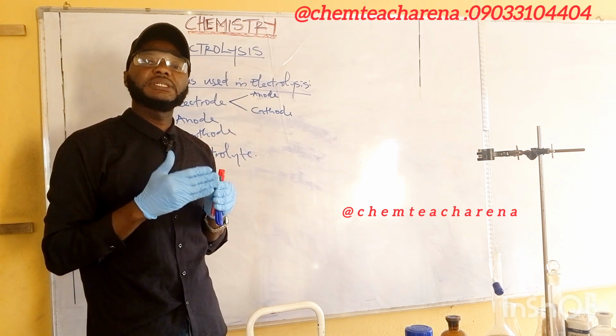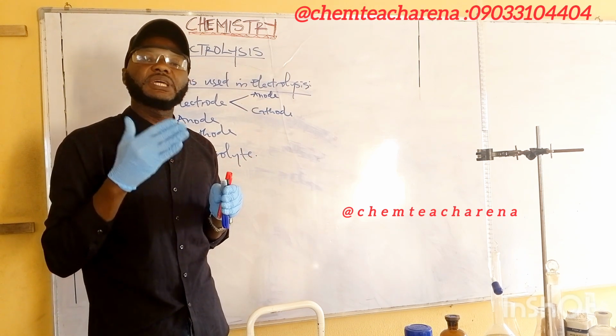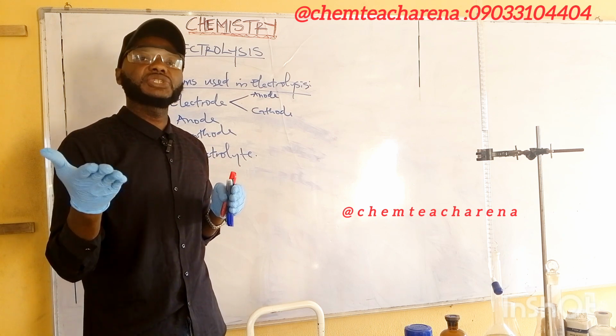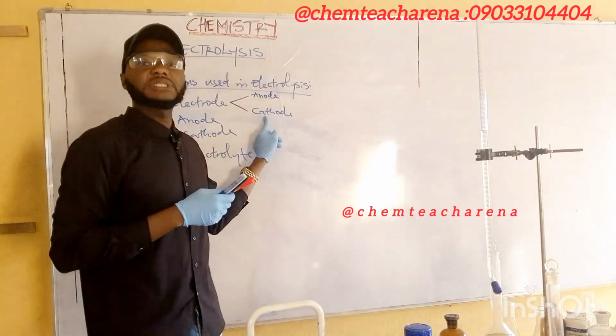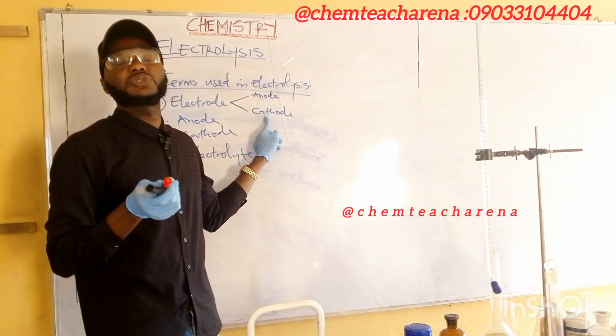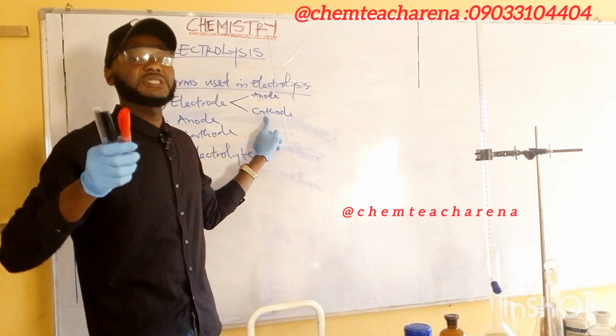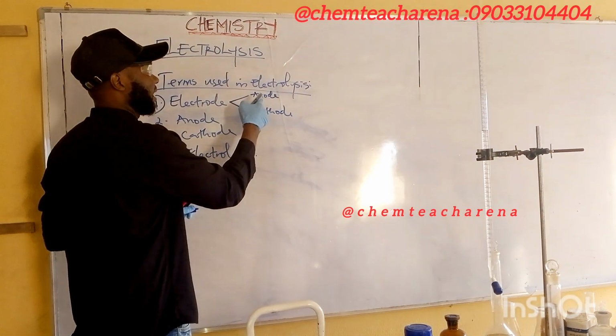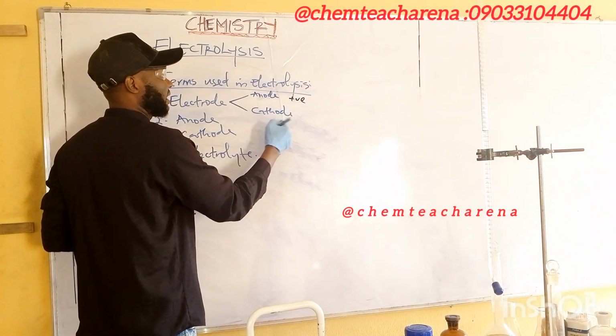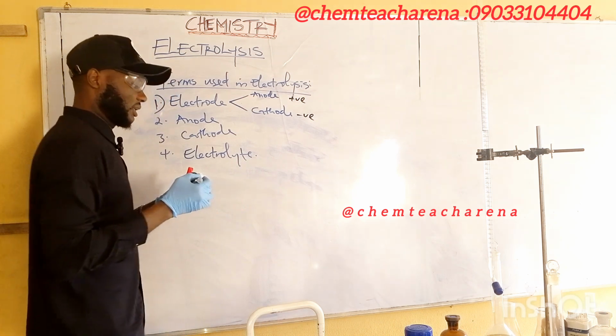Anode is the positive electrode through which electric current enters the electrolyte, while cathode is the negative electrode through which electric current leaves the electrolyte. So we say that anode is positive, while cathode is the negative electrode.